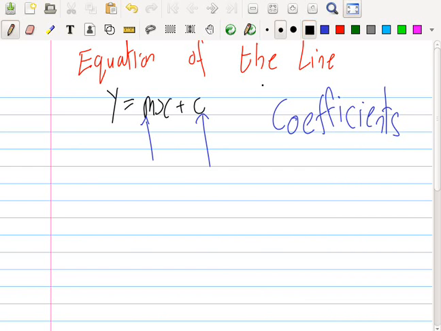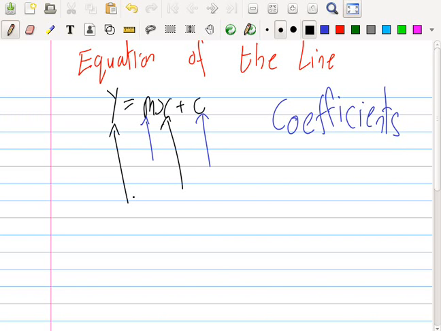They're called coefficients. And Sarah, you said variables? That's the name given to the x and the y. They're called variables, or a simpler word that sometimes people use is unknowns. The m and the c are important because they tell us something about the shape of the line.